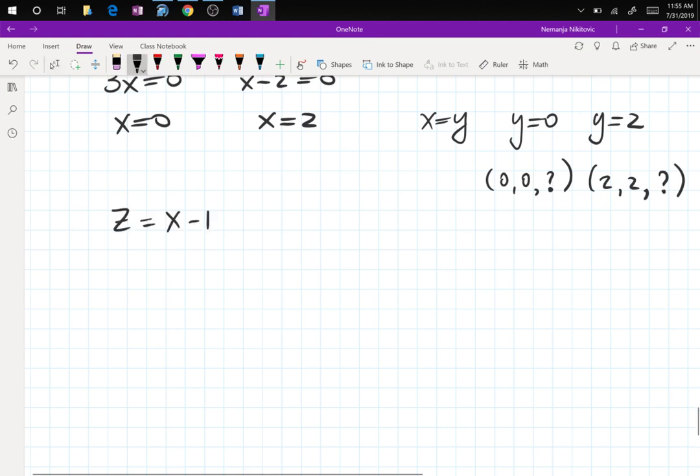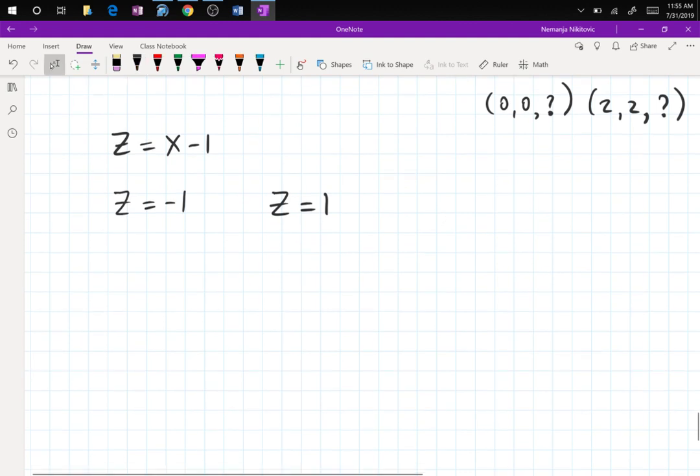So in this case, z equals negative 1 and z equals 1. So I have my 2 points, (0, 0, negative 1) and (2, 2, 1). So these are my points, and the problem is solved.